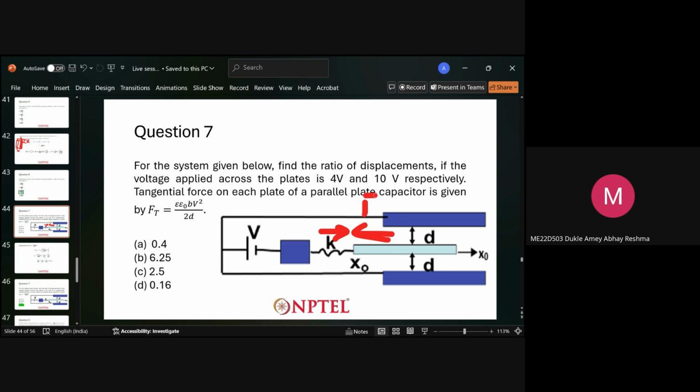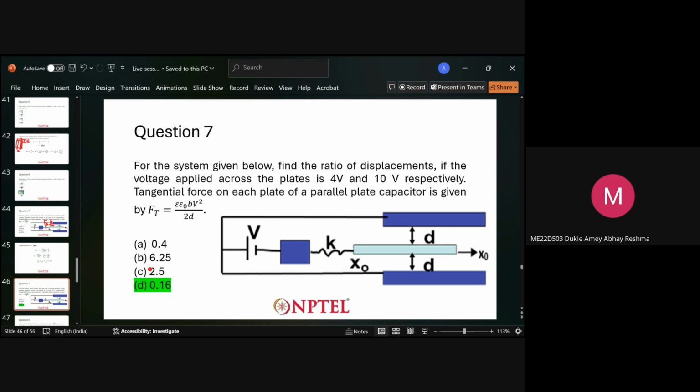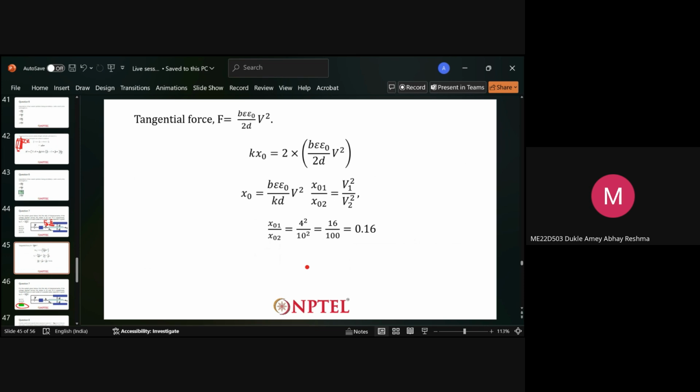So we have F_t and F_s, that is the spring force. We find the equilibrium position, then substitute all the formulas, and the answer we get is 0.16. So the ratio of displacement is 0.16. Just look at the calculation. First we found the tangential force.